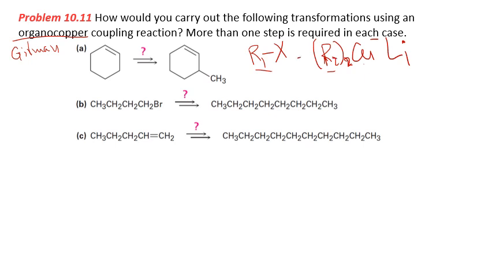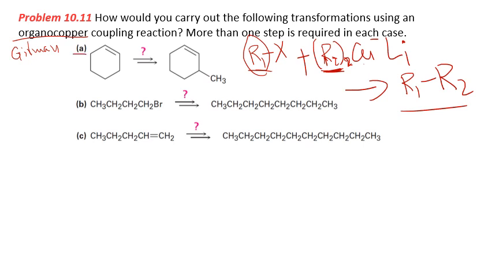When these two are added together, the alkyl group from the alkyl halide combines with one of the alkyl groups in the Gilman reagent to form a larger molecule. And that's why it's called the coupling reaction. So now let's look at question 1, question A. If you compare reactants and the product, you can see a methyl group is added to the reactants.